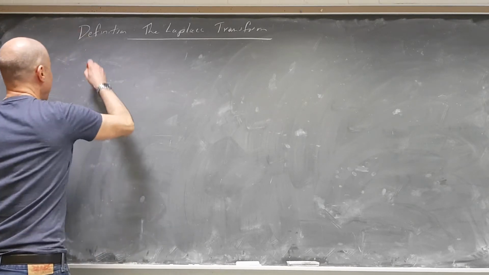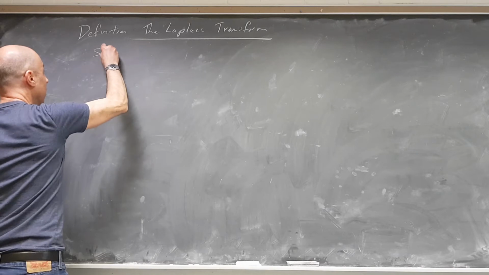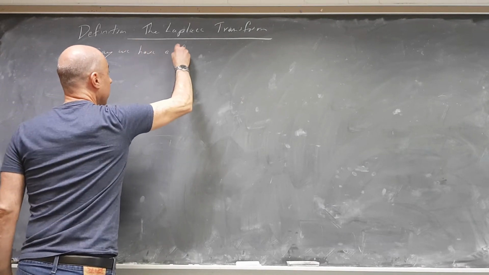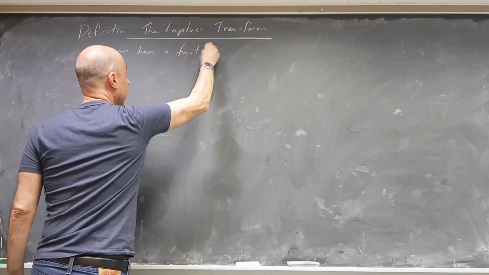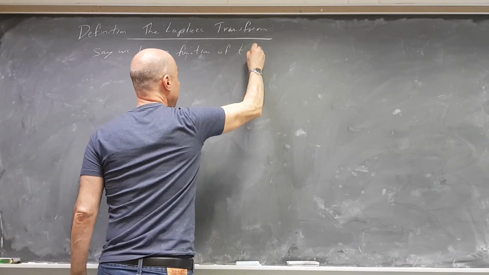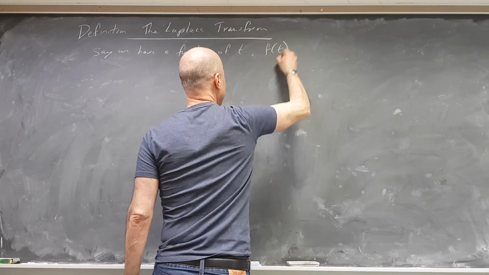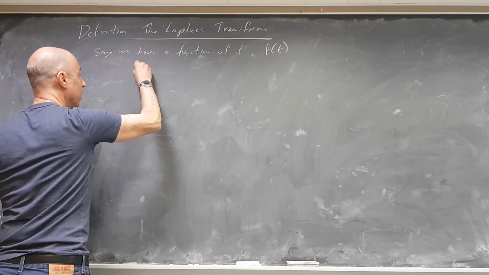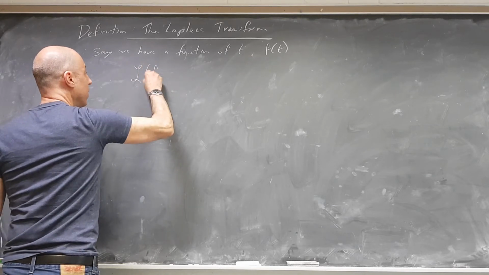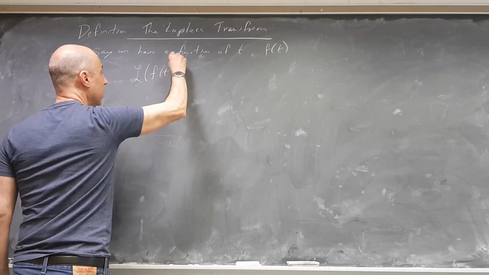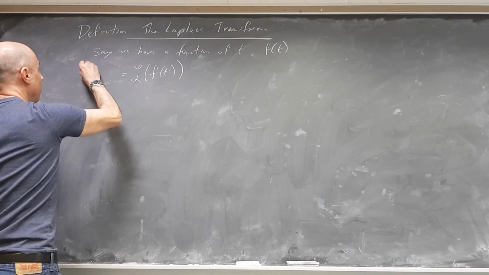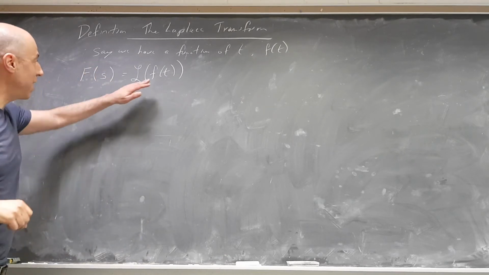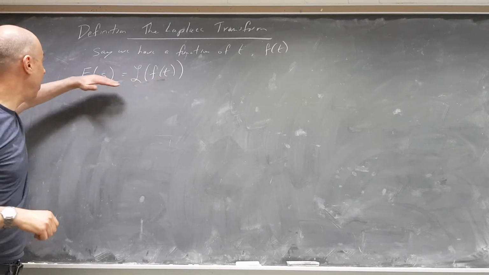So say we have a function of t, which we'll call f of t. Then the Laplace transform of f of t, we'll just call that capital F of s, just like last time when I gave you little y, we got capital Y of s.